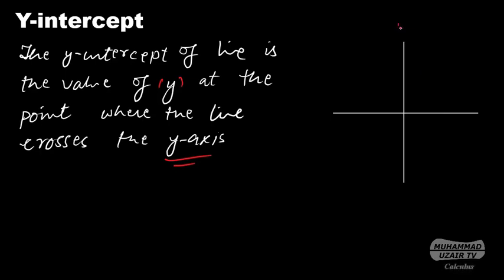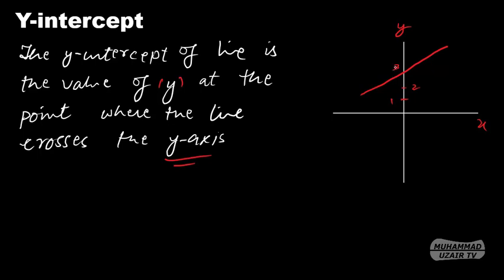Let's suppose this is y-axis, this is x-axis. Let's suppose this is a line. Let's suppose this is 1, this is 2, and this is 3. So for this line, the y-intercept will be 3 because the line crosses the y-axis at point 3.